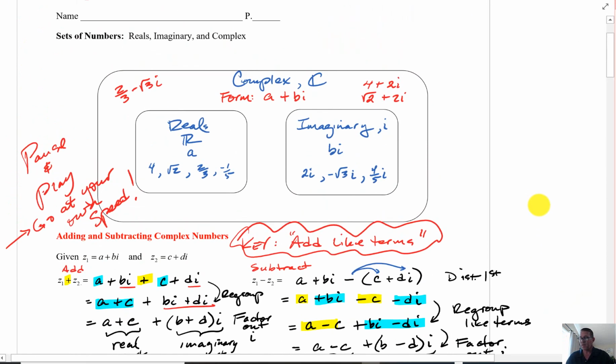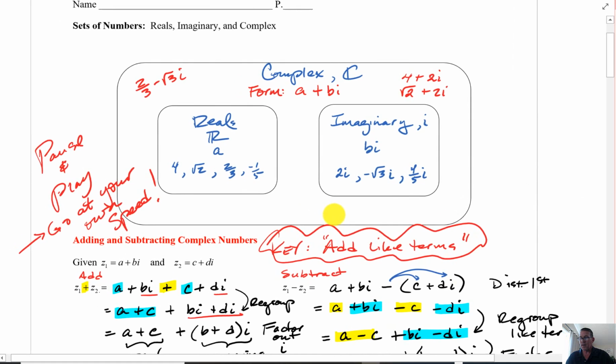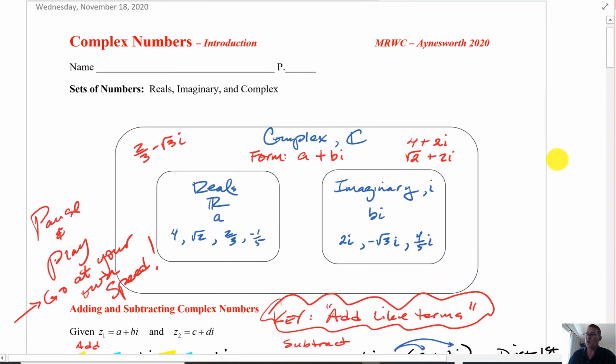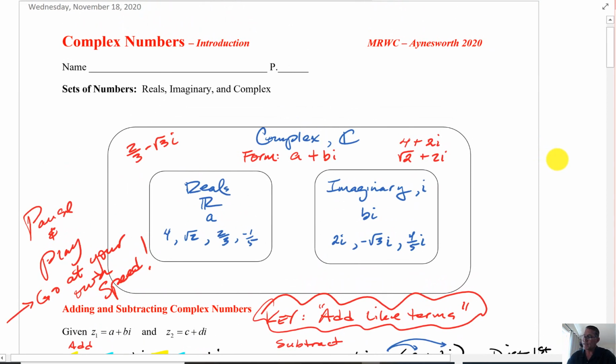We're going to figure out all kinds of things about what we've just talked about. So this is an introduction, but it's mainly a review from Algebra 2 to get you ready for Section 5.